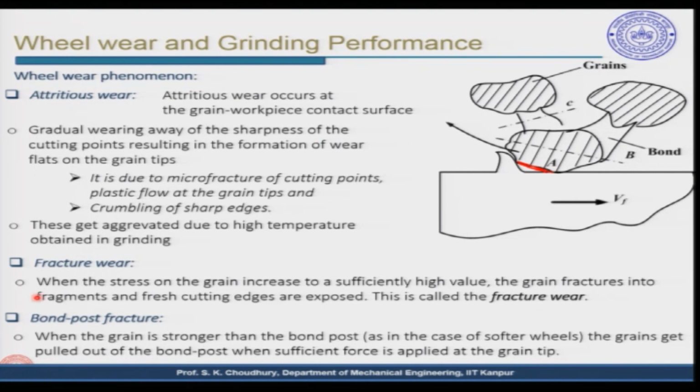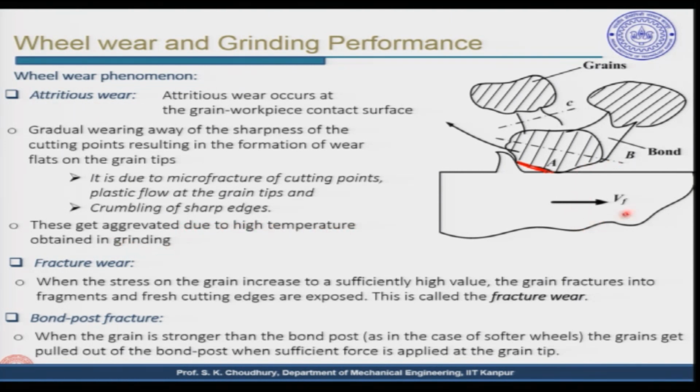This is due to the microfracture of cutting points, it could be due to plastic flow at the grain tips, and due to crumbling of the sharp edges. These get aggravated due to the high temperature obtained in the grinding.